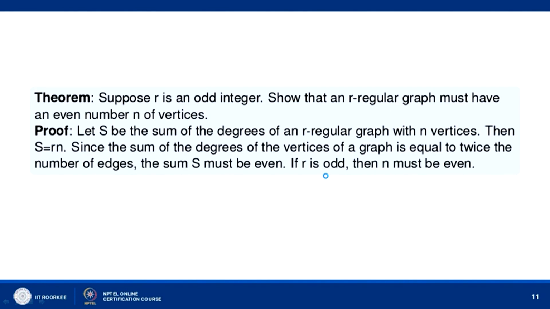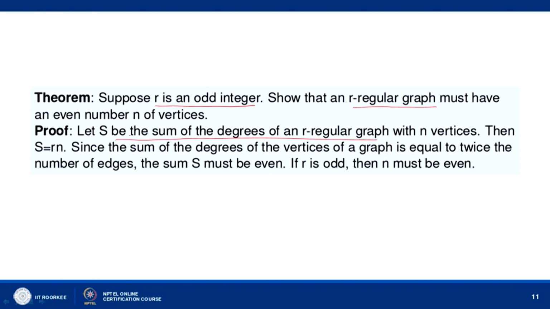Now, suppose r is an odd integer. Let us show that an r regular graph must have an even number n of vertices. Suppose S is the sum of degrees of an r regular graph. An r regular graph means each vertex has degree r.